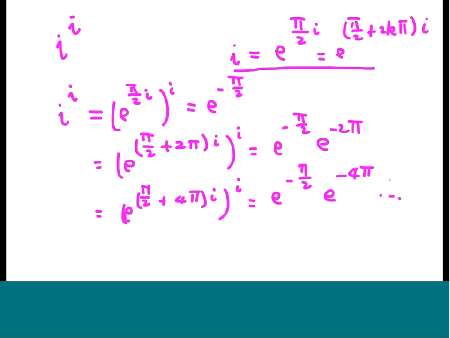So this is a tricky question, okay? It could have many values. This basically finishes the nth roots of unity.